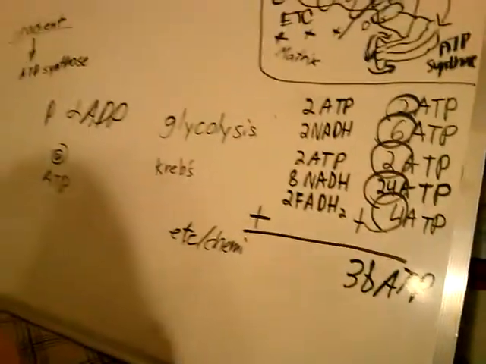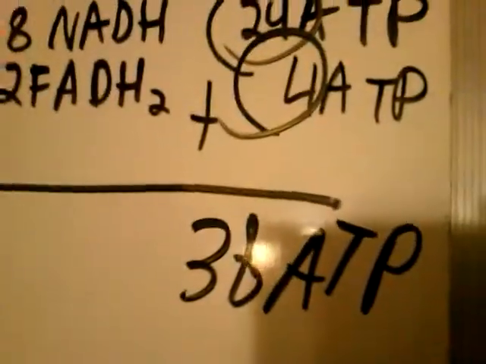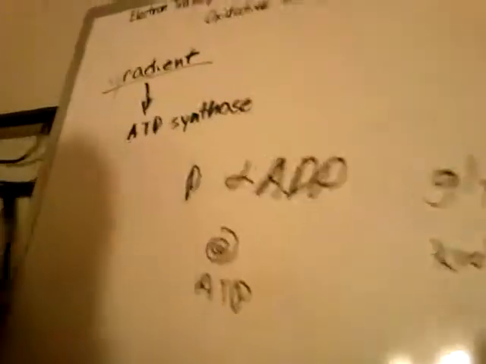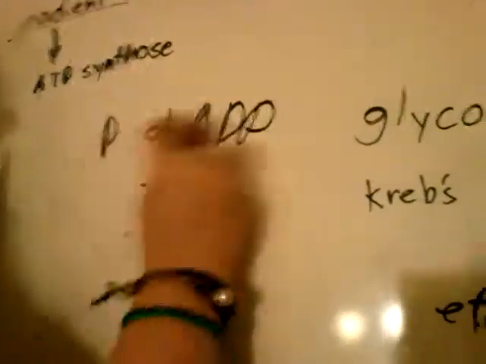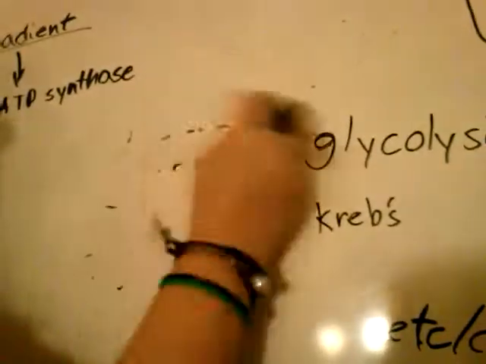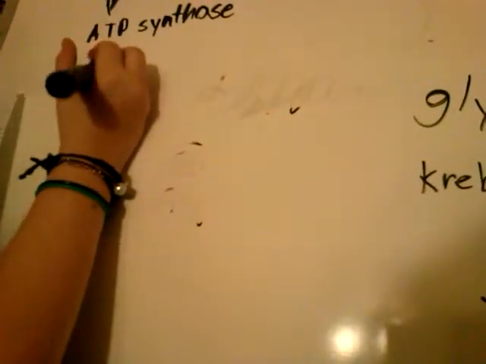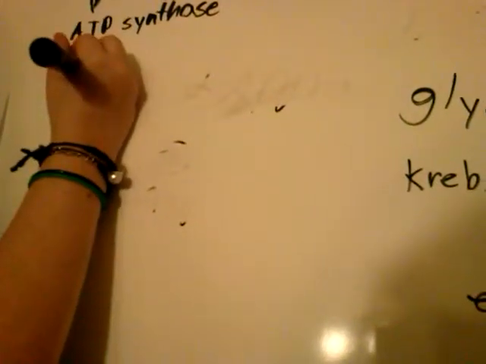Why do I say in a perfect world, Caroline? Well, because the world is lying to you, because there's not, in fact, 38 ATP. Why is that? Because, let's recap over here. ATP is used for the pumps.